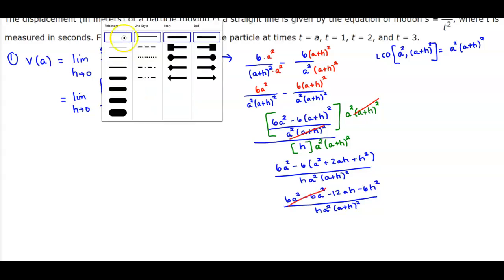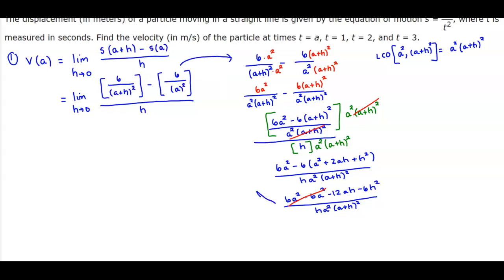So now let's bring it back to the left to determine the limit. So we have the limit as h approaches 0 of negative 12ah minus 6h squared all over h times a squared times a plus h squared.